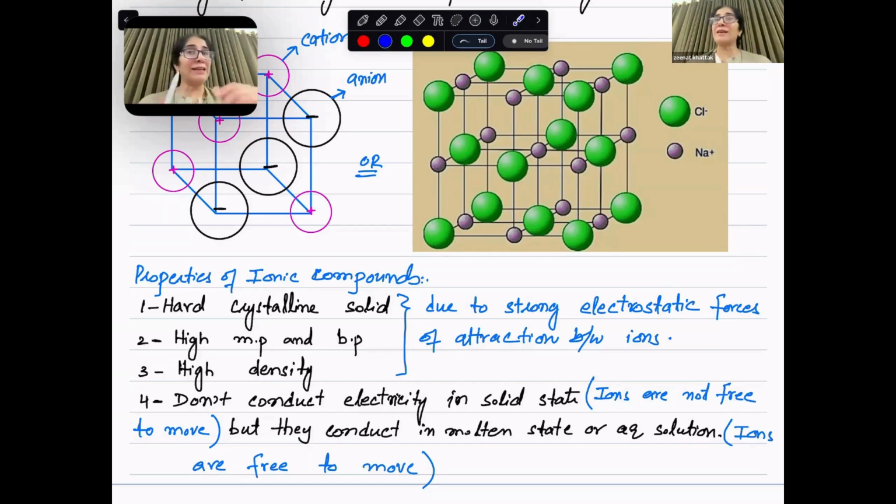For a conductor, the ions must move from one place to another. These ions are at fixed positions, just vibrating, so they don't conduct electricity in the solid state.